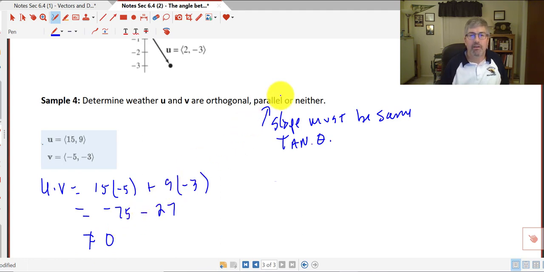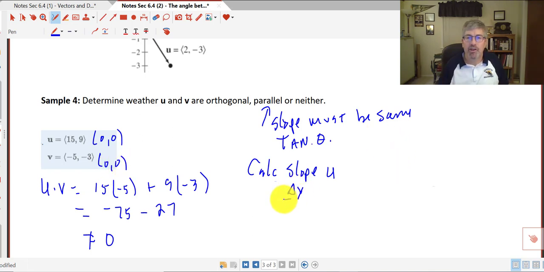So let's check to see if they're parallel. We need to calculate the slope, and let's calculate the slope of u. What we'll do here is calculate the slope from the origin. And slope, of course, is our change in y over our change in x.